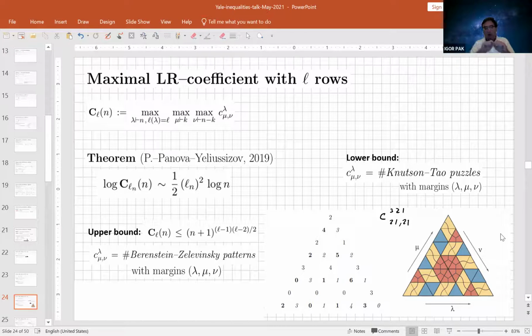You use partitions to read off the boundary of the triangle, and then you put the puzzle pieces so that they match. The number of ways to do it turns out to be the Littlewood-Richardson coefficient, and that is the combinatorial interpretation Knutson and Tao used to prove the saturation conjecture and a bunch of other things related to this problem.